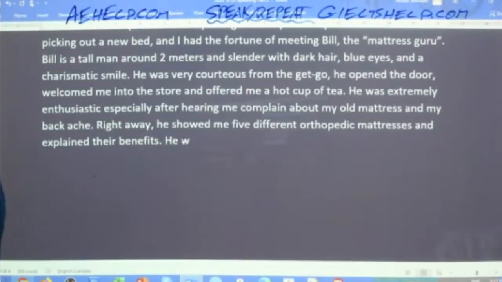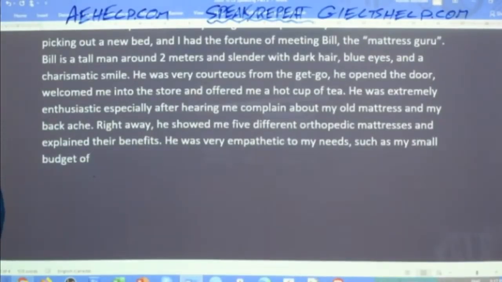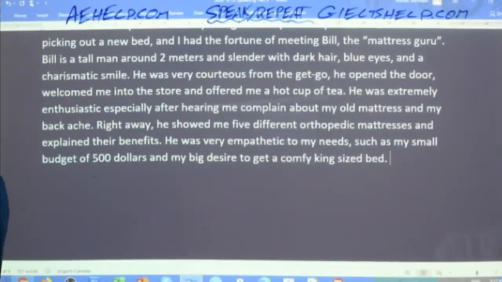So he was very empathetic to my needs, such as my small budget of $500 and my big desire to get a comfy king-sized bed.